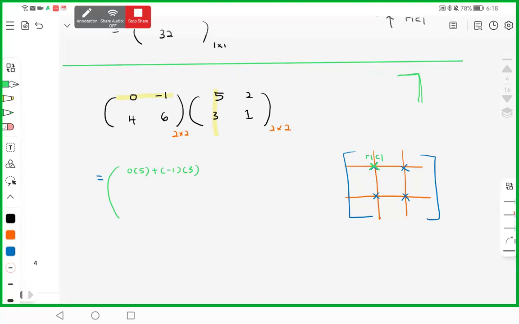That will be the answer for row 1, column 1. Second element, still first row, so row 1, column 2. This vertical line goes here. 0 times 2 plus negative 1 times 1.